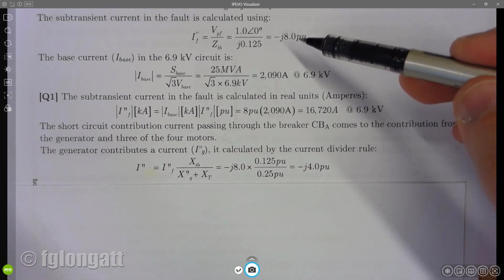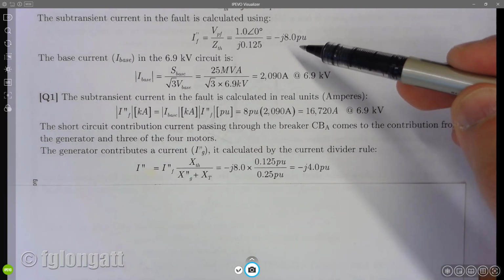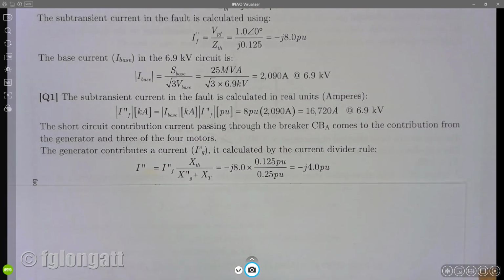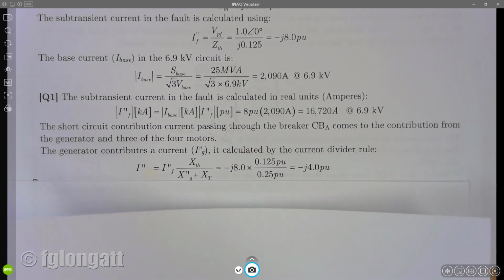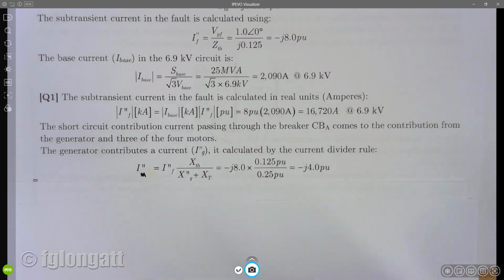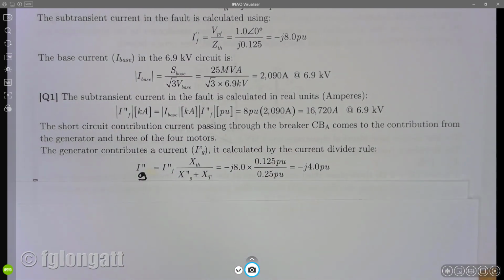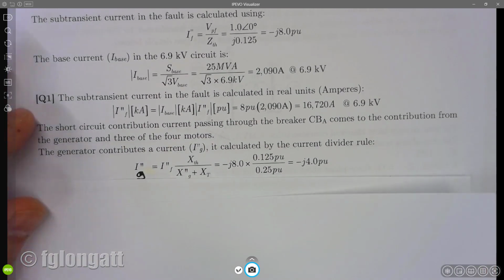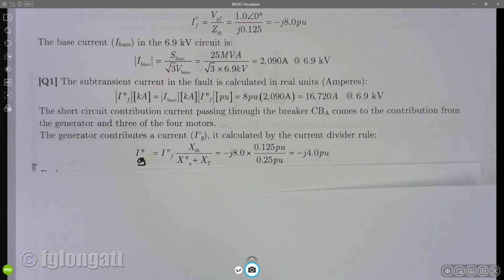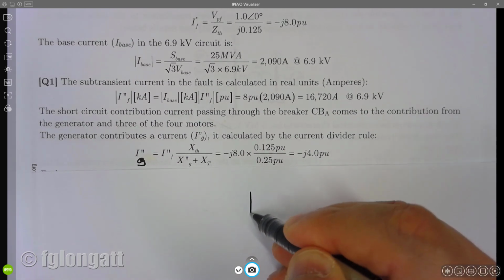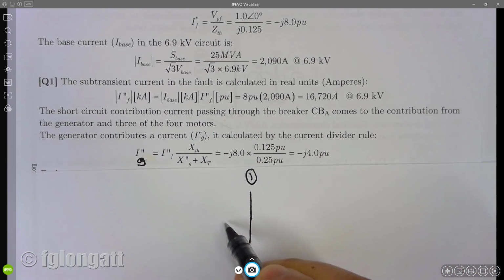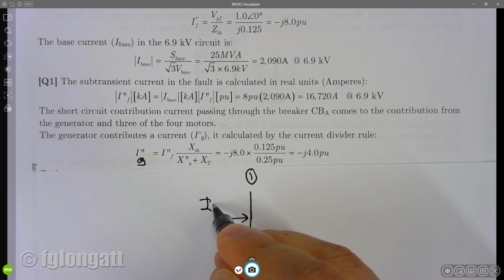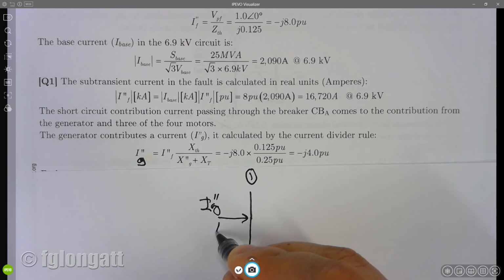If the fault current is 8, let me show you here, probably it is the best. I believe all of you can see this is the motor current, the generator current. In this circuit, we have the bus bar number 1, and the generator is contributing with 4 per unit.